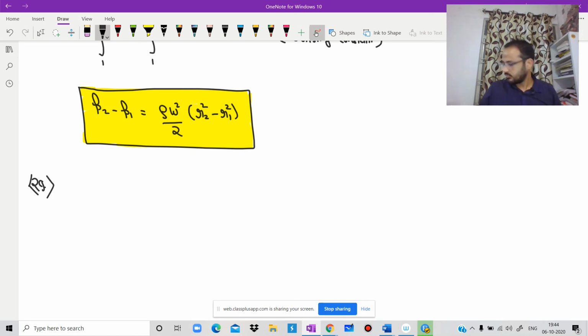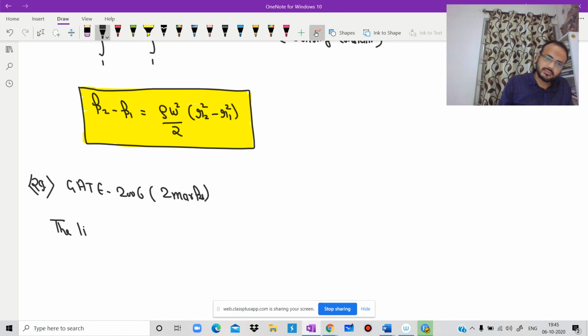Question number 29. A very nice question of GATE 2006 of 2 marks. That's why derivations are important.